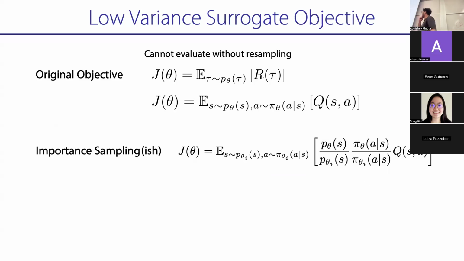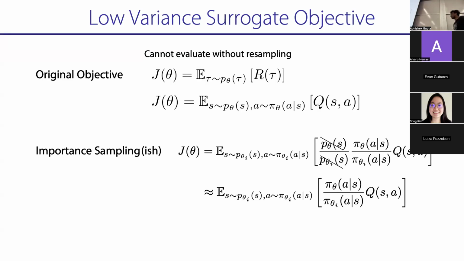The trick in TRPO is to pretend that p_θ and p_θ' are not that different and cancel them out. Basically, ignore the ratio between p_θ and p_θ' and make it 1. You're going to optimize this thing called the surrogate objective, which essentially ignores the difference in state distributions between p_θ and p_θ'.